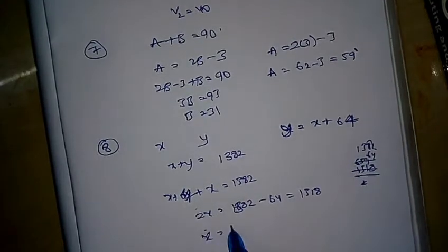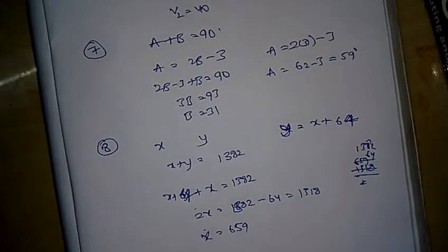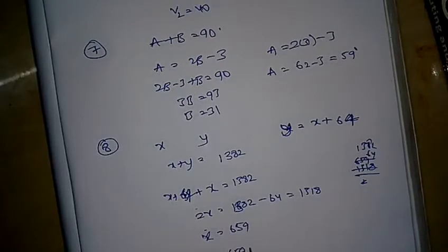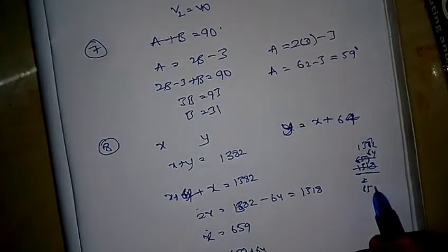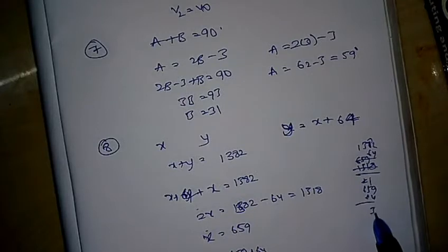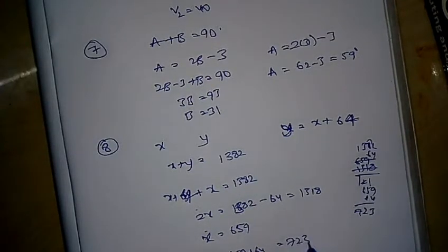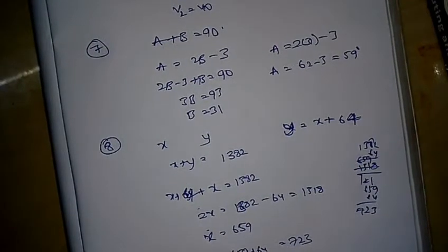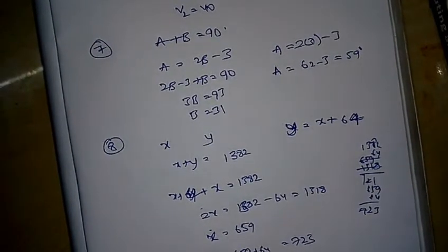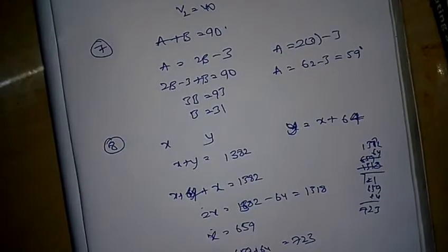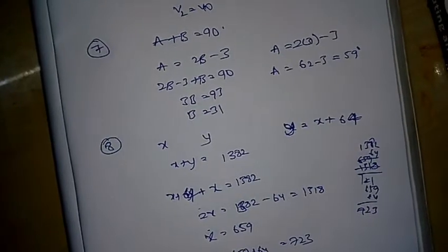So x will be equal to 659, and y will be equal to 659 plus 64, which is 723. Let's check the answer. Yeah, 659 and 723.